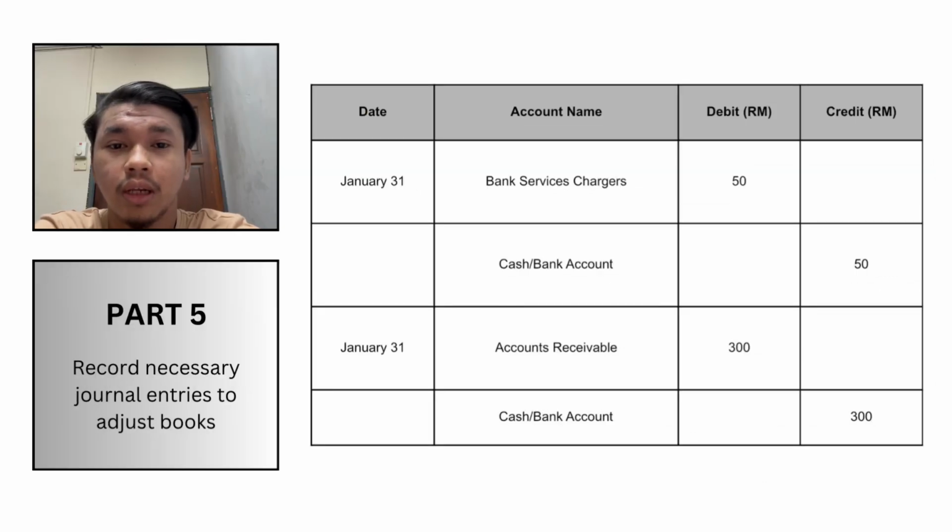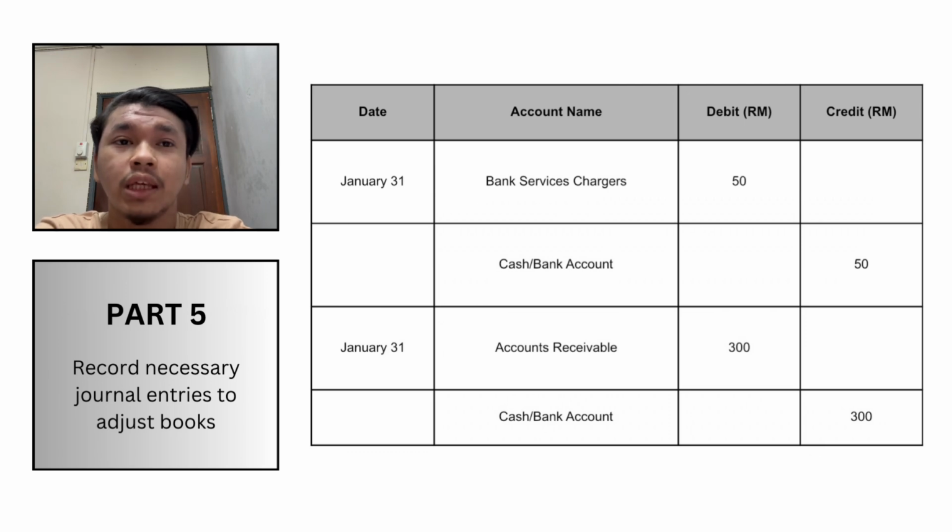So the last question for part 5 is the journal entries. The journal entries for January 31st record two transactions. The first one recognizes 50 ringgit as a debit to bank service charges and a corresponding credit to the cash at bank account.